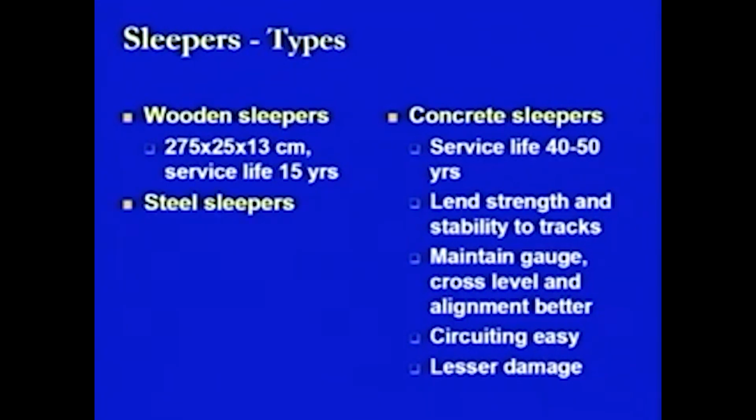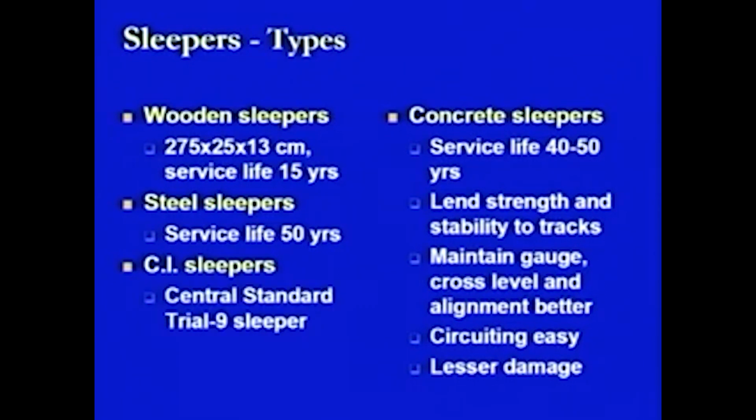Another type of sleepers are steel sleepers. In this case again the life is comparable to the concrete sleepers, as high as 50 years. Then we have the CI, the cast iron sleepers. In this case one sleeper which is extensively in use is the CST9 sleeper, which is abbreviated as Central Standard Trial 9 sleeper.